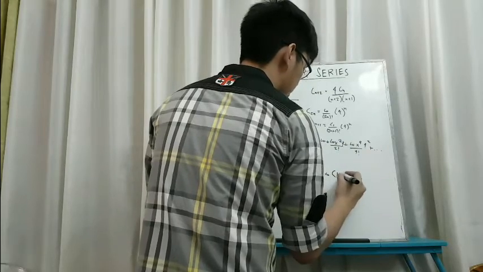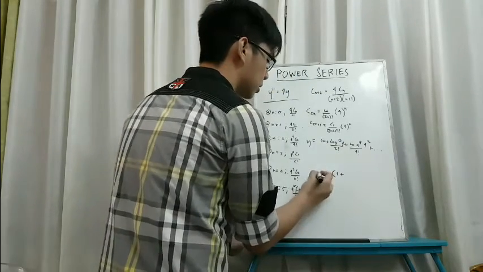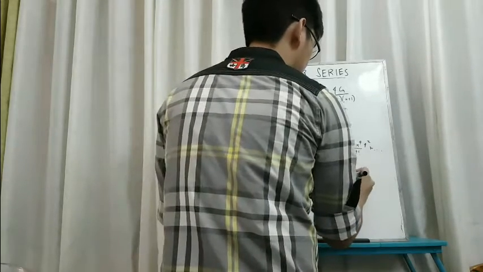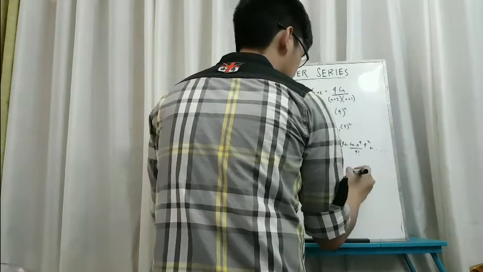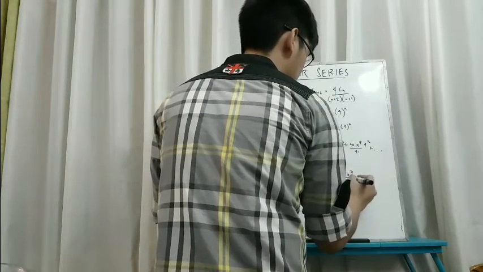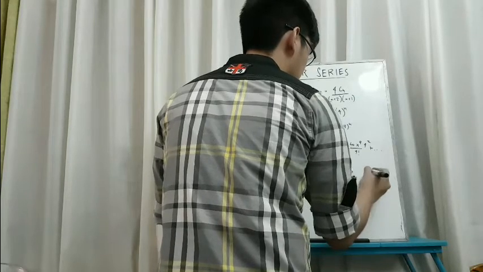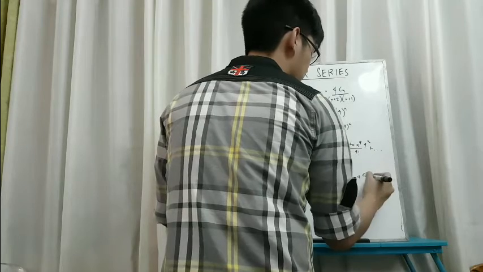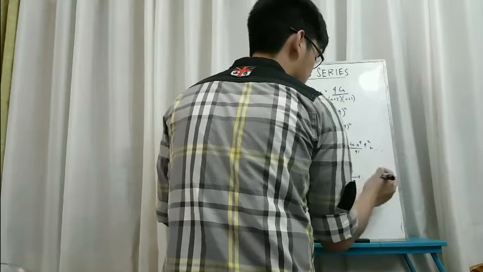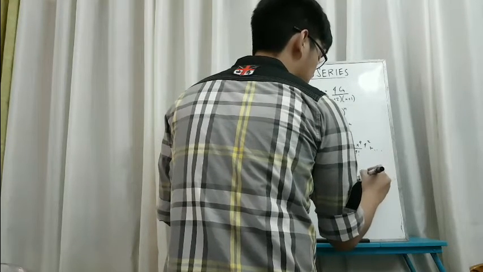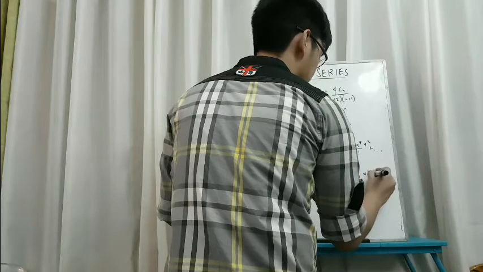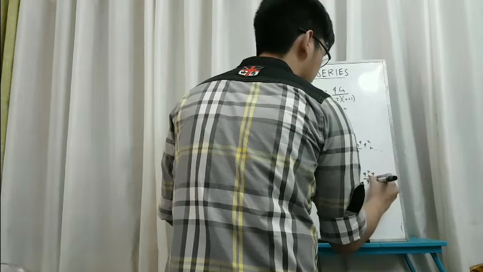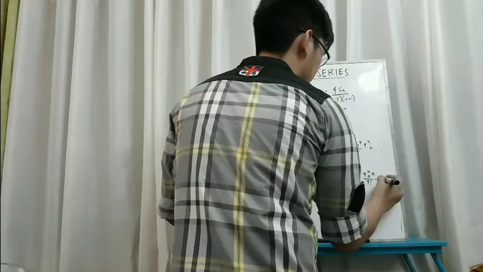C0 times 1 plus 4 x squared all over 2 factorial plus 4 squared x raised to the 4th over 4 factorial plus dot dot dot.